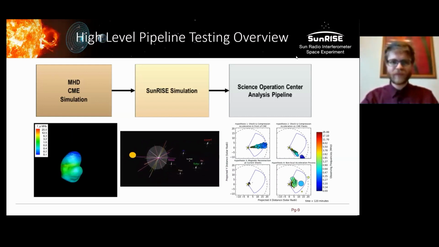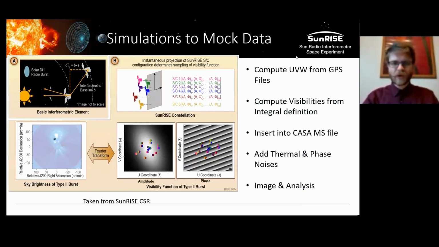So going from simulations to mock data, we have to take into account the constellation's configuration, to take into account the path lengths between the various spacecraft to combine their data in a coherent manner. When we combine them, we do so with each unique pair of spacecraft. You can see the 6 colored spacecraft here in the upper right panel.